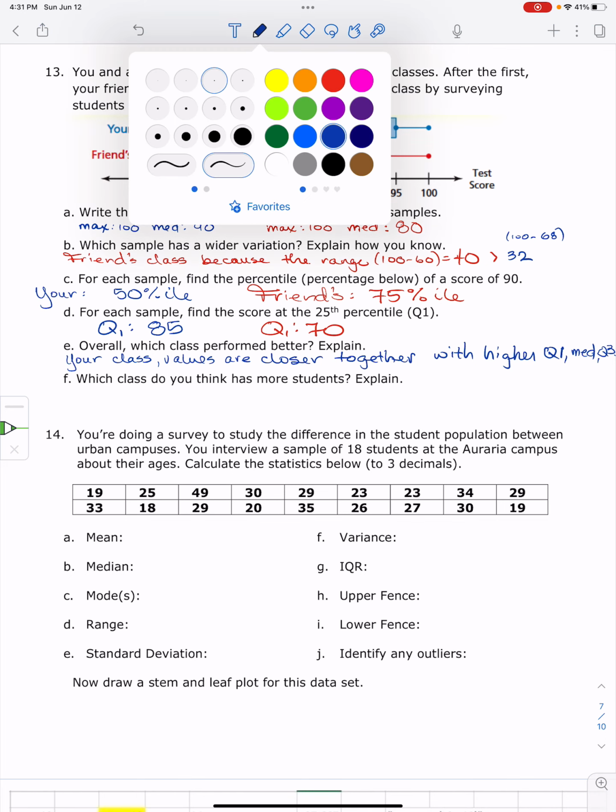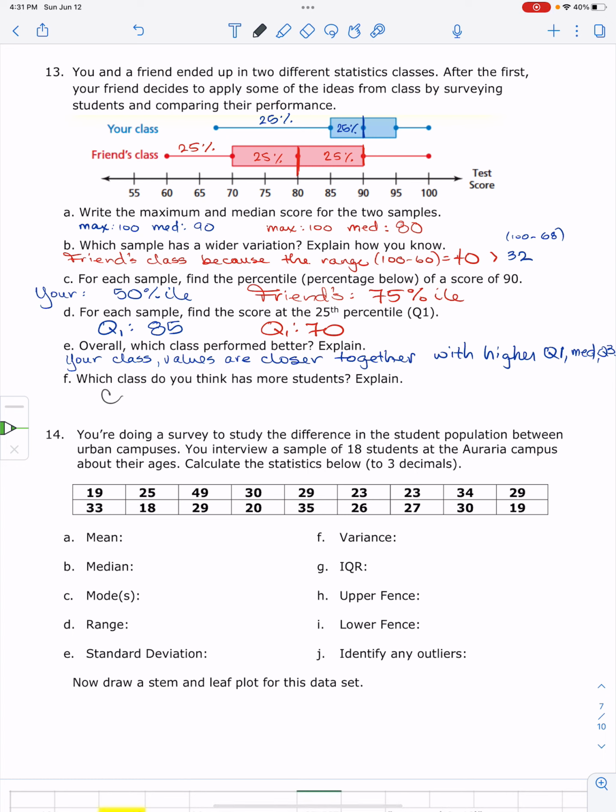Which class do we think has more students? You cannot tell, because when we break up into percentiles, those quarters, we know how much of our group is in each quarter. We don't know actually how many separate values there are.